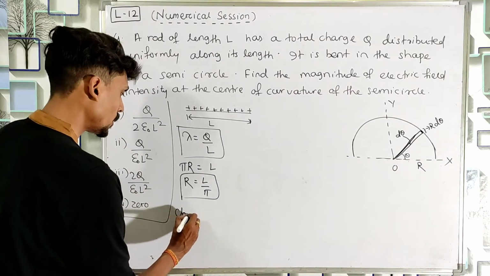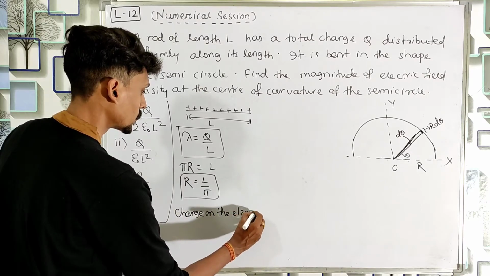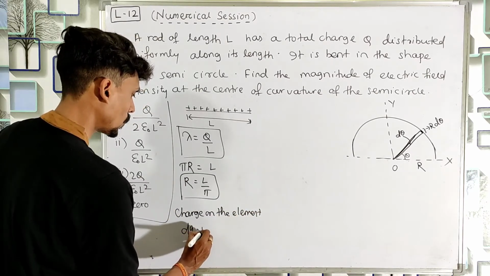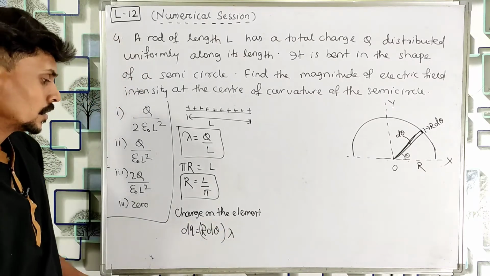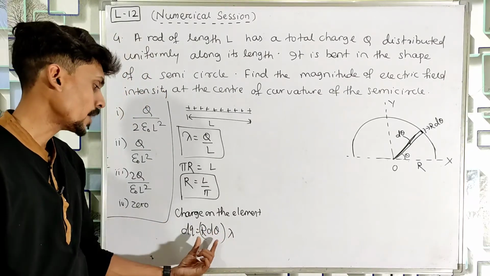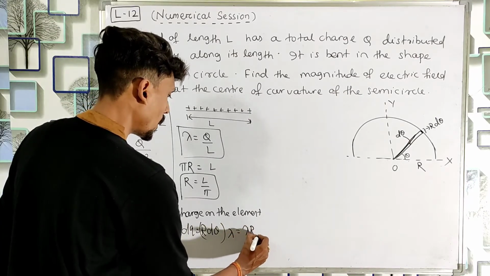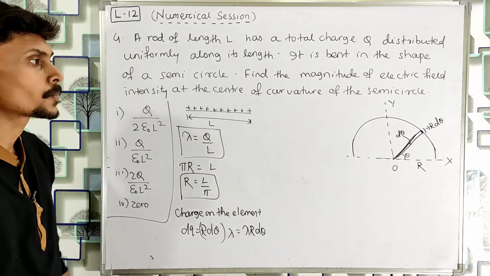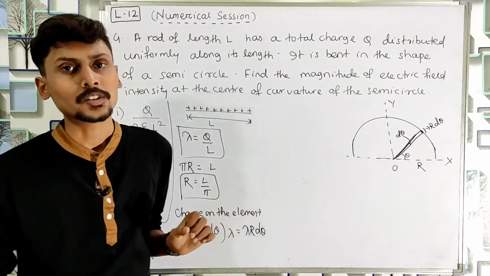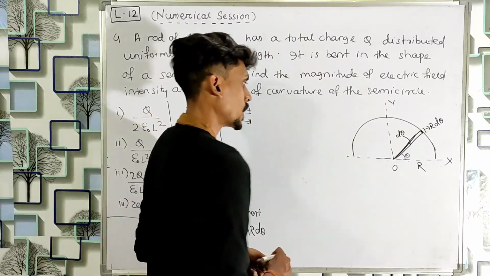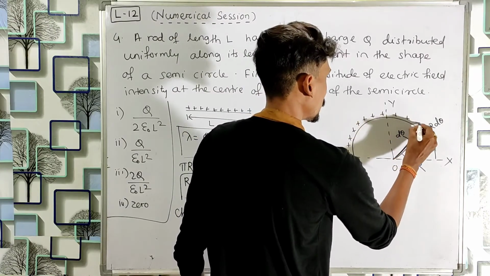So what is the charge on the element? The charge on the element will be dq equal to R d theta multiplied by lambda, the linear charge density multiplied by the thickness of the element, or you can write lambda R d theta. Is that clear? And since this is a very small element, it will behave as a point charge. Suppose the rod is positively charged.